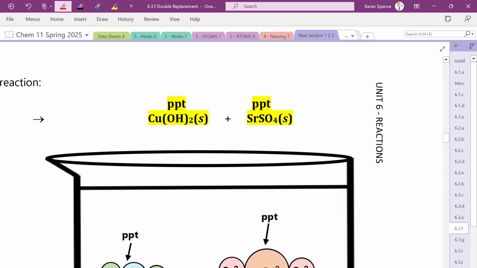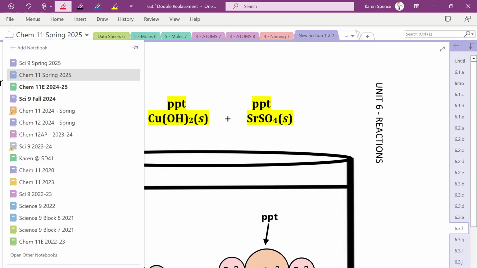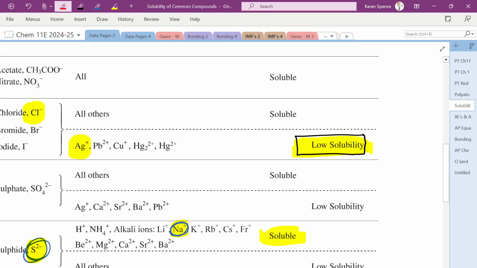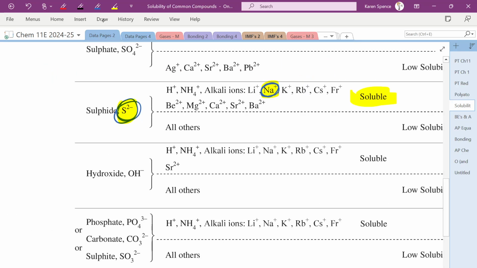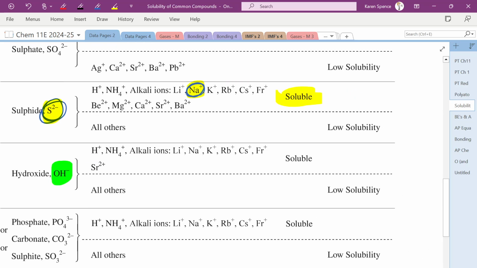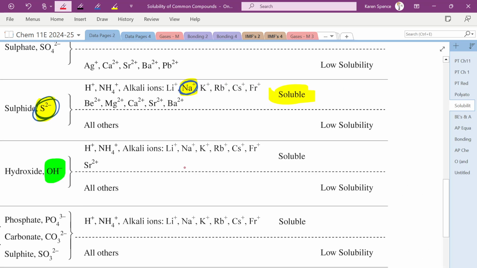And we get copper hydroxide, Cu(OH)2. Let's go check Cu(OH)2. Hydroxide with copper 2+. Where is copper 2+?